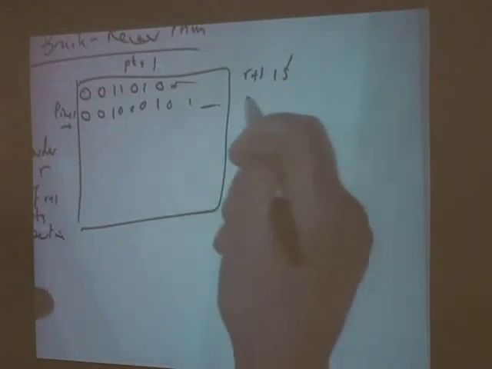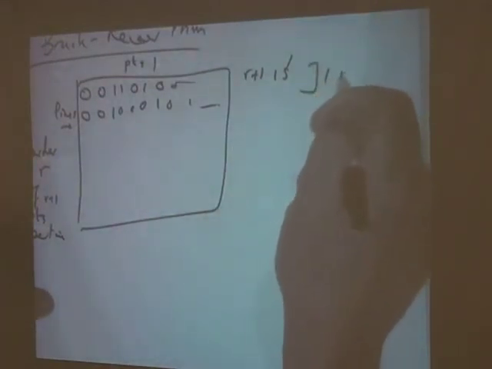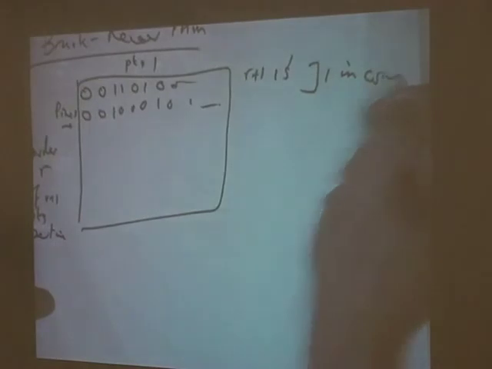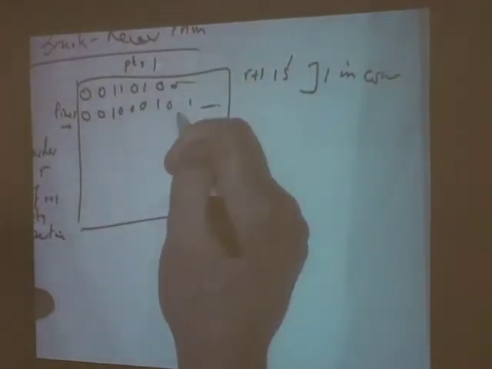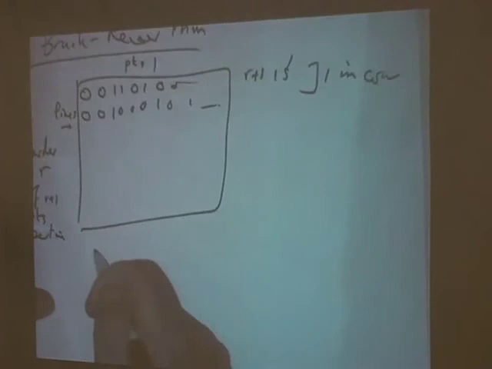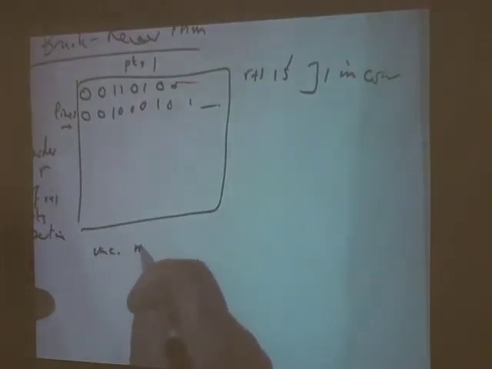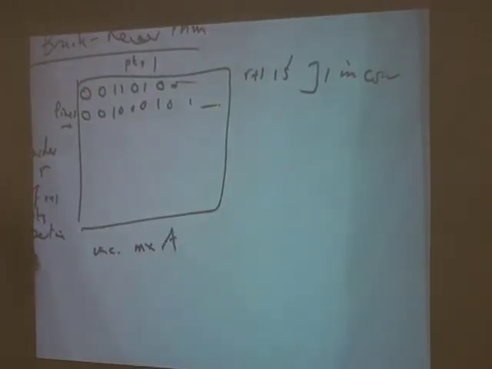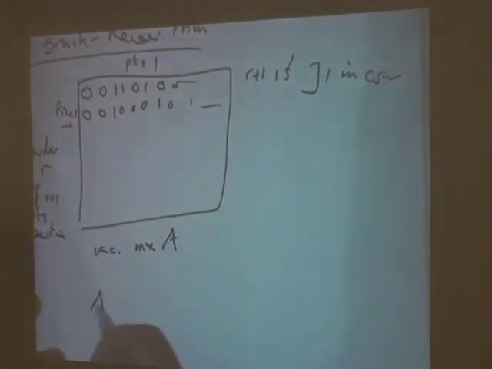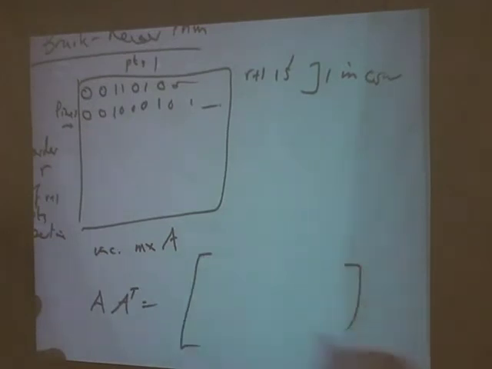But there's just one in common, because these 2 lines have got to intersect in one point. So A times A transposed, the inner product of the rows with themselves, has r+1 down the diagonal and 1 everywhere else.